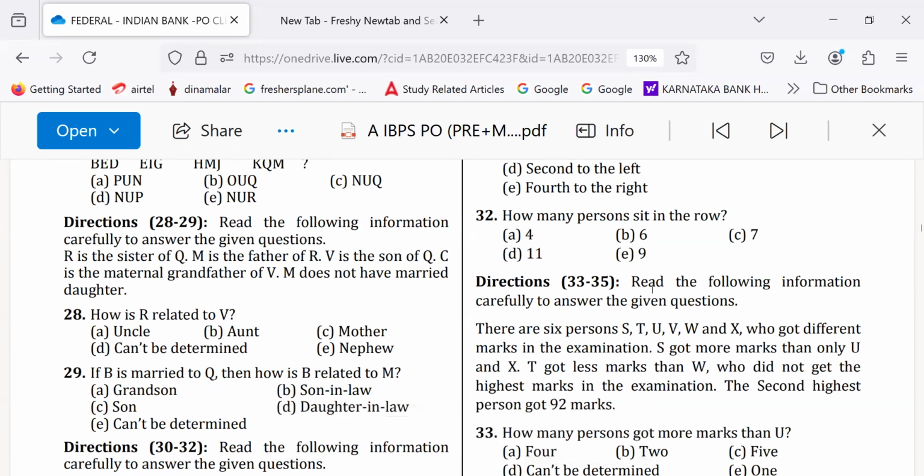I think all of you must be able to answer the first question, 28. It is not tough.